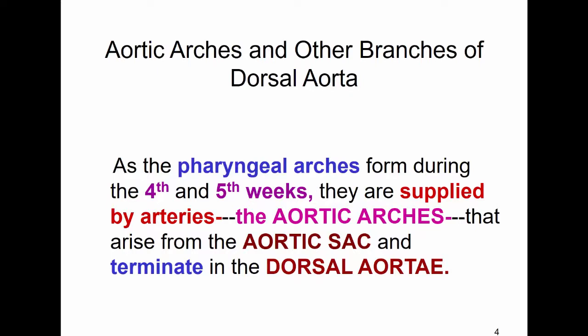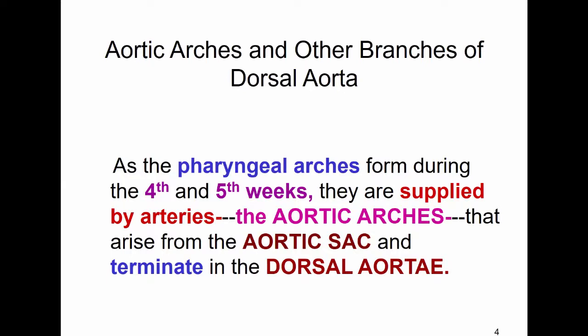So when these pharyngeal arches are developing during the 4th and 5th week, they should be supplied by arteries, because without arteries or blood, they will not survive. These arches will be supplied by arteries. We call them aortic arches. So pharyngeal arches are supplied by aortic arches.